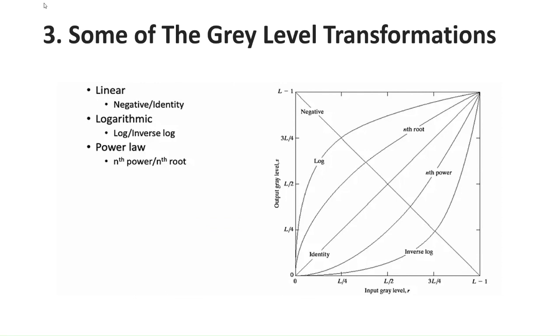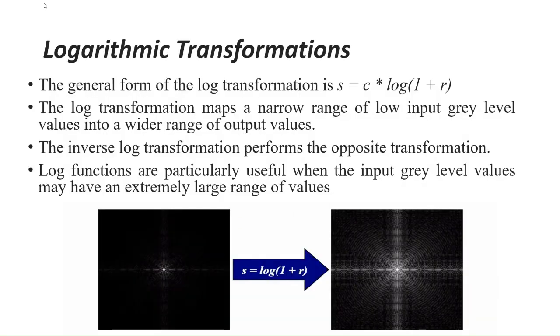This diagram is useful to compare the image. In this, we have logarithms and powers, inverse log, and all different types of transformations. All mathematical functions and mathematical logics are implemented in gray level transformations.